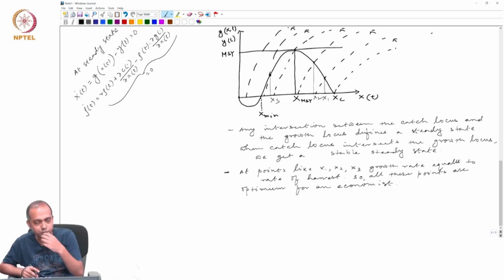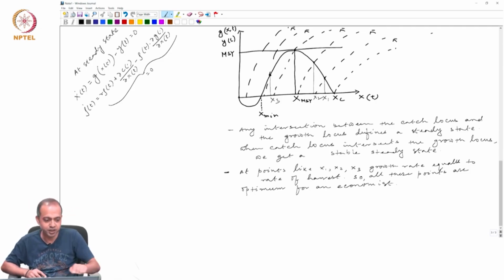Because the economist optimum is defined by the steady state where growth equals the rate of harvest, G of x t equals y t, x dot t equals 0.